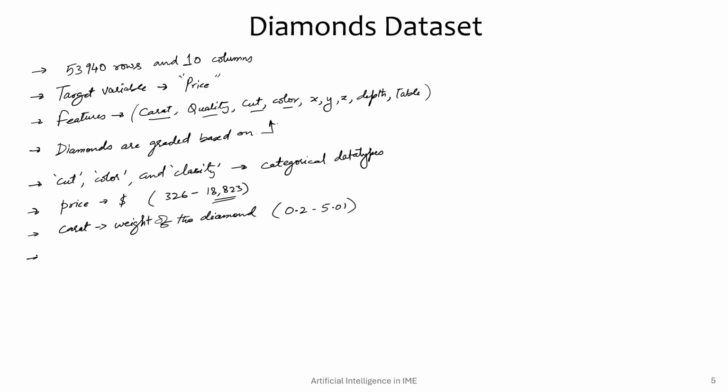Okay. The next is the cut of the diamond, which is the quality of the cut. So it can be fair, good, very good, premium or ideal.